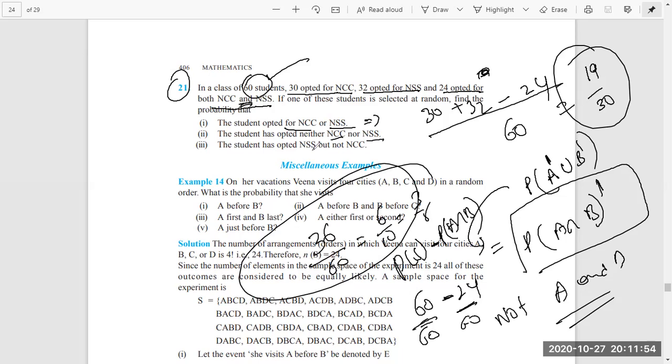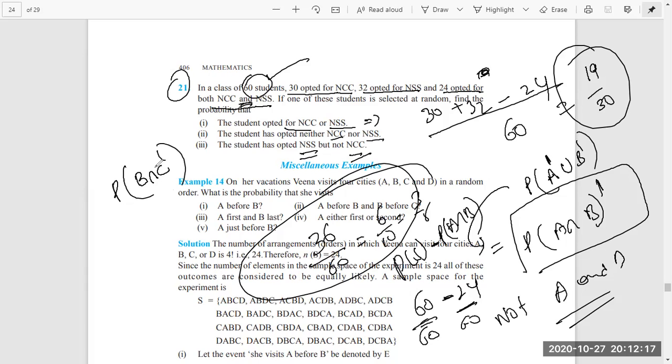The student has opted NSS but not NCC. That means the probability of NSS, suppose it is B, but not NCC. So B intersection A complement.